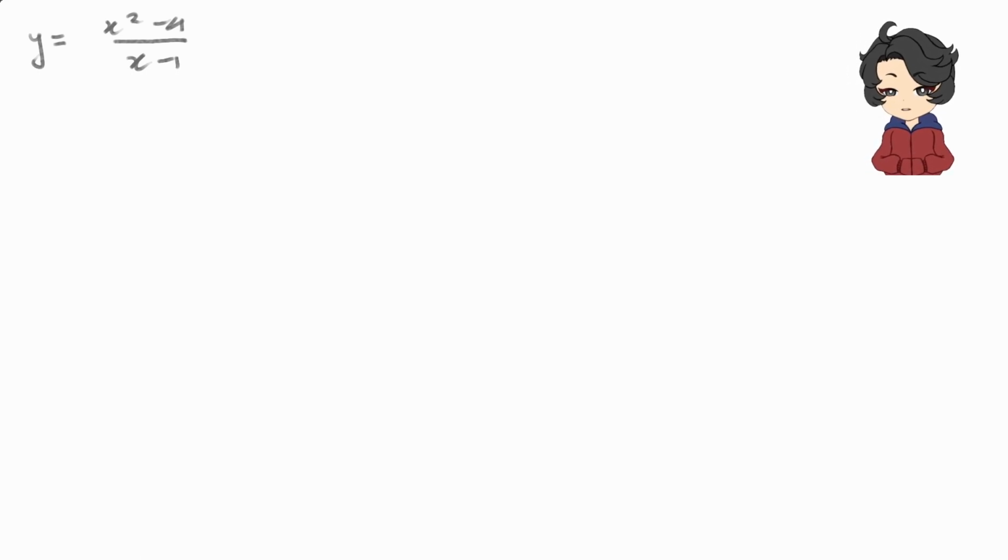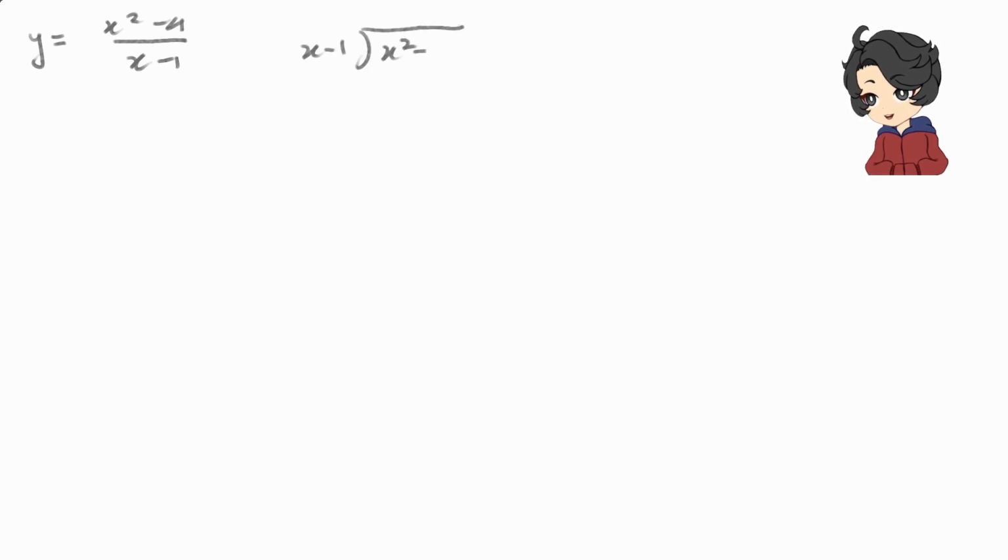Let's try out another sum in a more systematic manner, all right? Okay, so let's say we have the function x squared minus 4 divided by x minus 1. So at first, we need to write this as a proper rational function. So let's try dividing this. We have x minus 1, and here x squared minus 4.